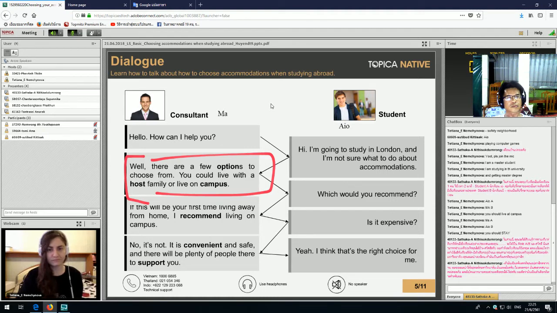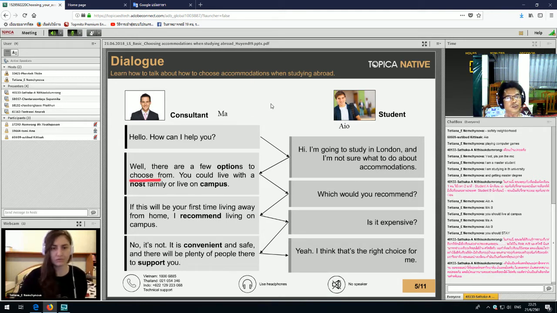You could live with a host family or live on campus. Okay, so let's read this word once more. Choose. Choose, exactly. We have the sound ch and sound z in the end. Choose.